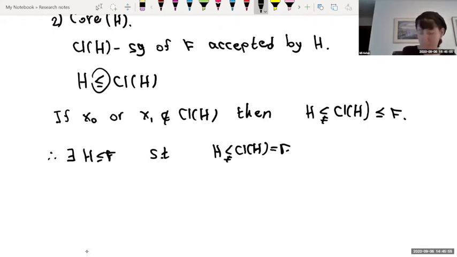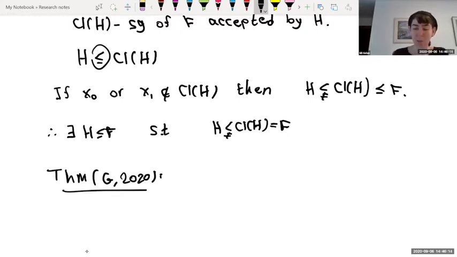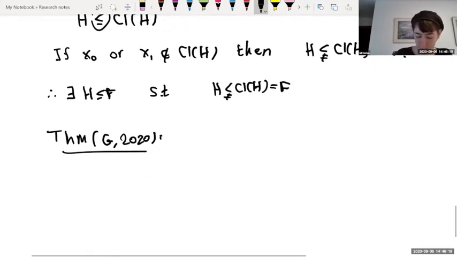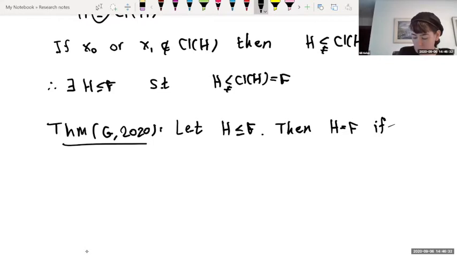So the main theorem is that there are groups such that the closure of H is equal to F, but H is a proper subgroup of F. But if you do get that the closure of H is equal to F, it is still very easy to check if H is a proper subgroup of F or not. Okay, so the theorem says as follows: let H be a subgroup of F, then H is equal to F if and only if two conditions are satisfied.